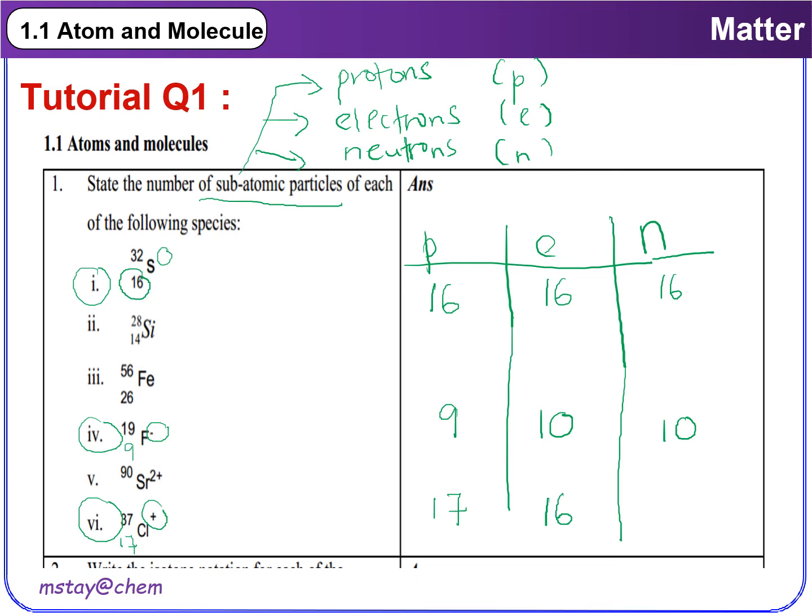The number of neutrons is still the same, 37 minus 17, which equals 20. The rest of the questions, you try to answer yourself.